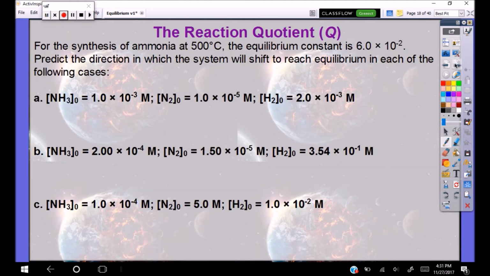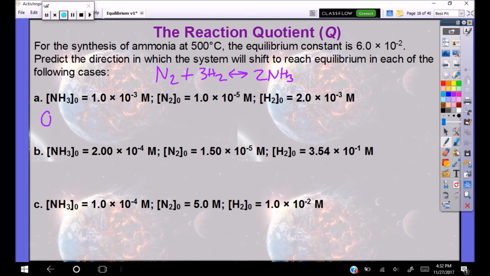So for the synthesis of ammonia at 500 degrees, the equilibrium constant is 6.0 times 10 to the negative second. Predict the direction in which the system will shift to reach equilibrium in each of the following cases. Okay, so synthesis of ammonia. Ammonia is NH3. This is still the Haber process. So we're going to still use N2 plus 3H2 gives 2NH3, but we're given our non-equilibrium concentrations.